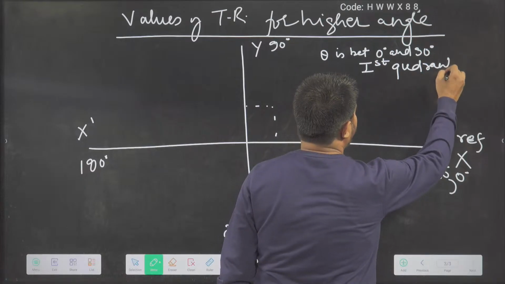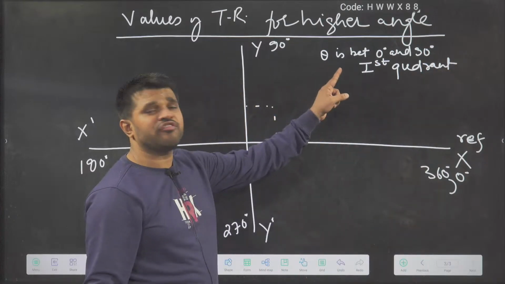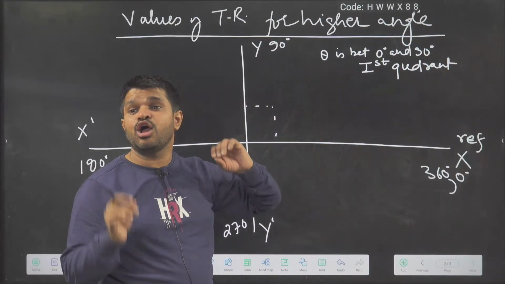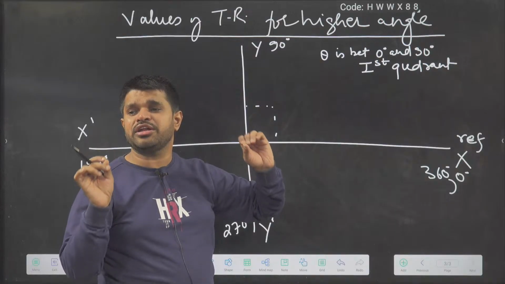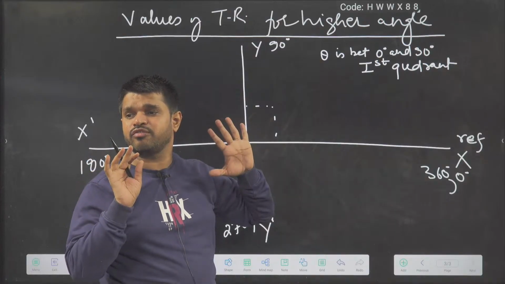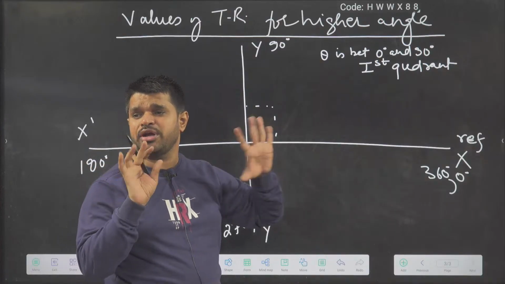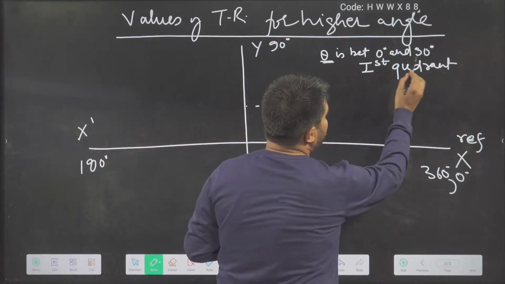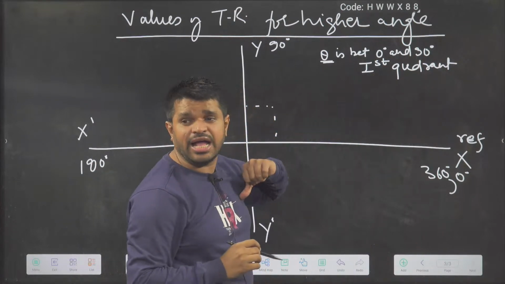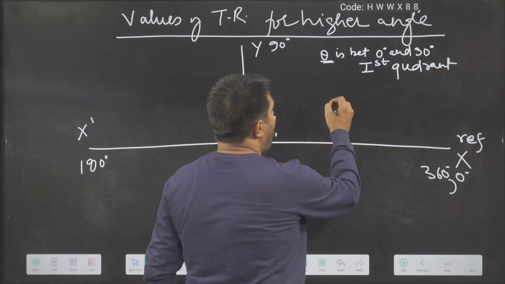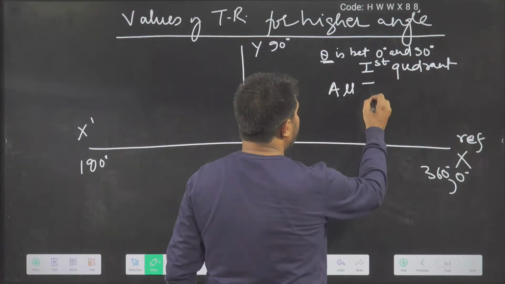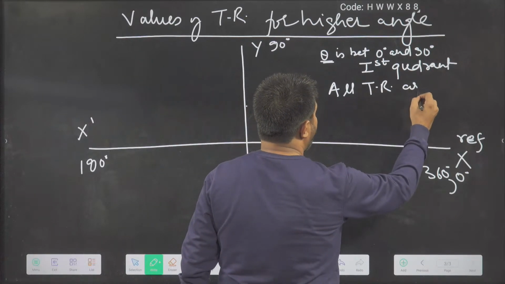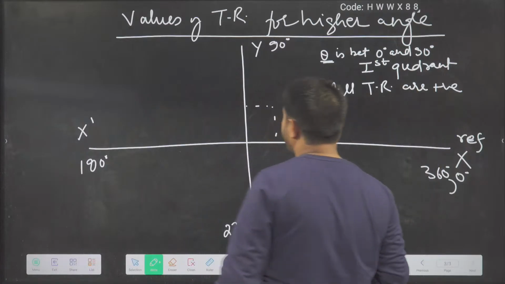And remember, for a first quadrant angle, all trigonometric ratios are positive.